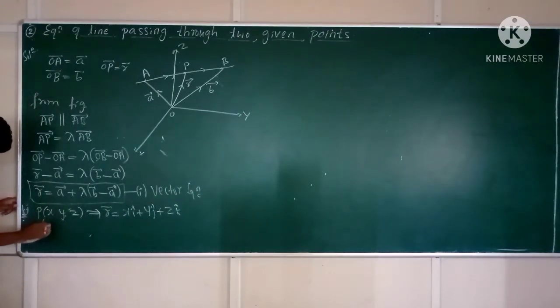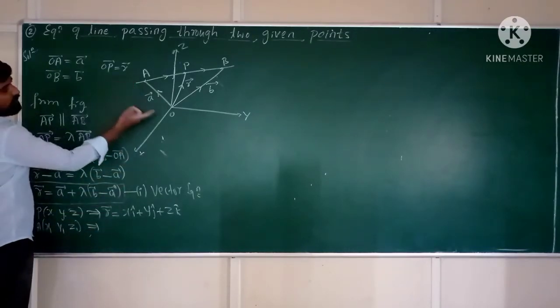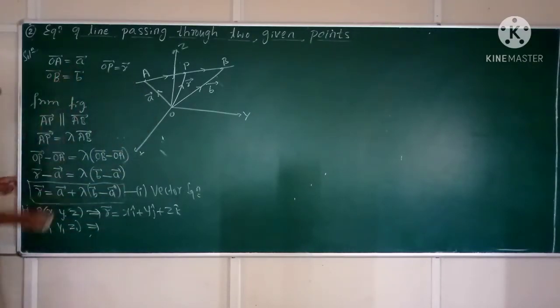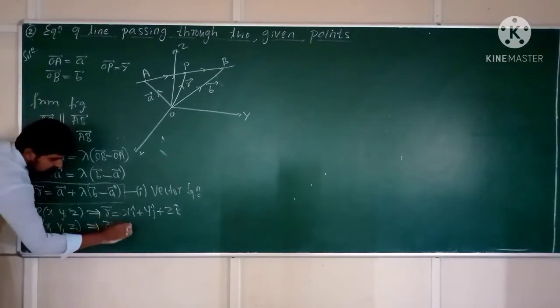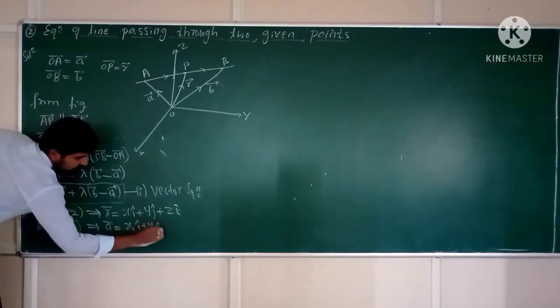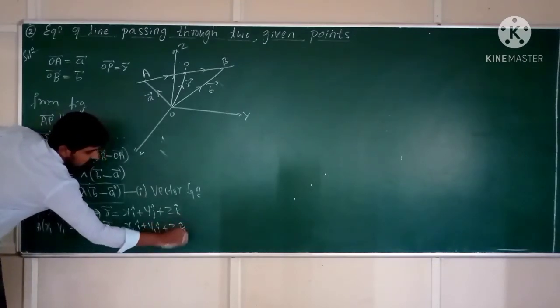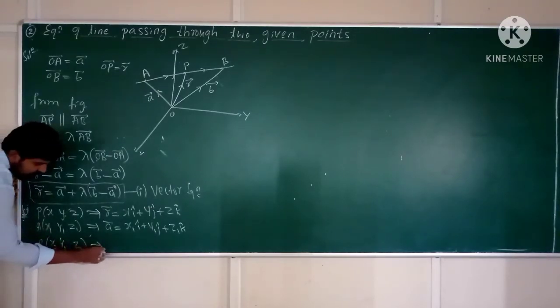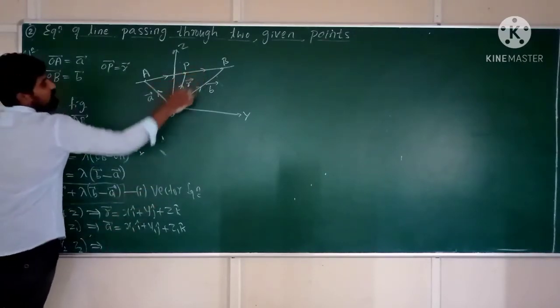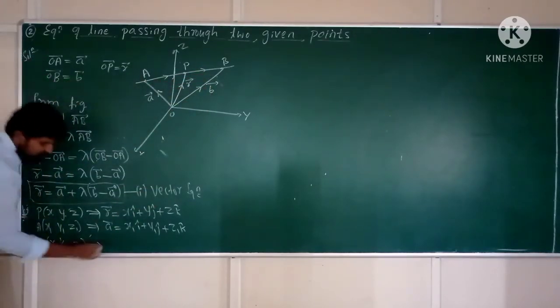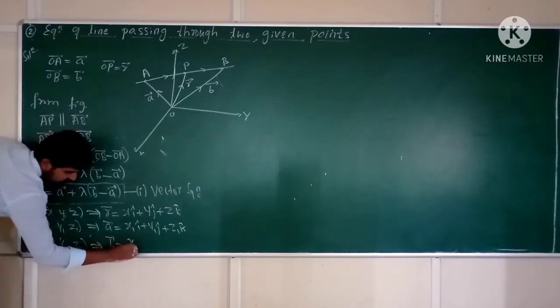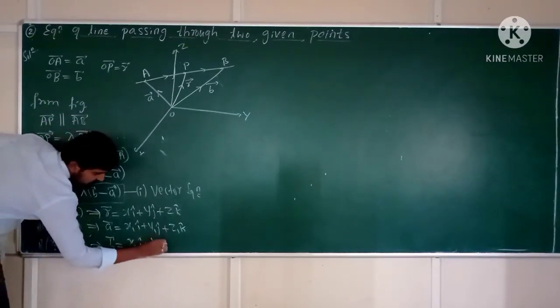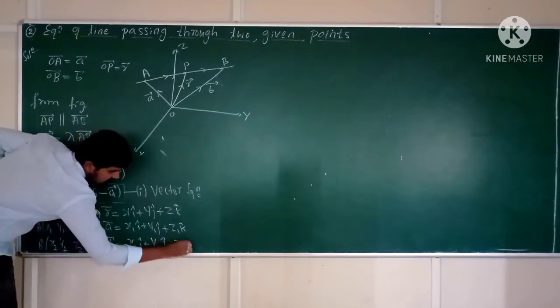And the point A is x1, y1, z1. Position vector of the point A is OA vector and it is defined by A vector. So A vector is equal to x1i plus y1j plus z1k. And next the point B is x2, y2, z2, which implies that position vector of the point B is OB vector and vector OB is B vector. So B vector is equal to x2i plus y2j plus z2k.